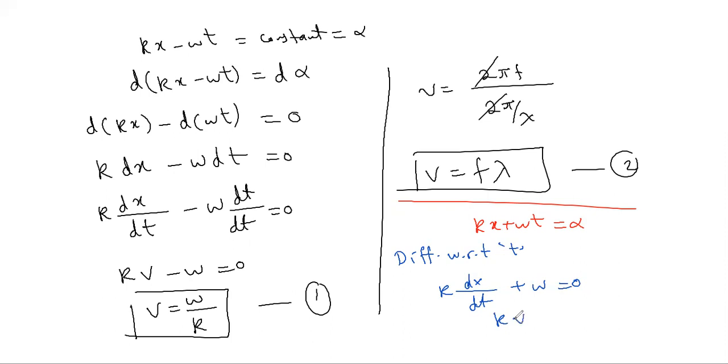So kv plus omega is equal to 0 and v will be minus omega over k. This negative sign means that the wave is traveling towards the left direction. Left is just a convention. It means the wave is traveling towards the negative x-axis. Similarly, you will get a negative sign in the relation for f lambda too. So this is the speed of the traveling wave.